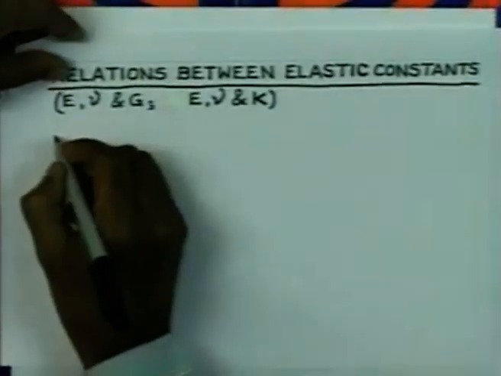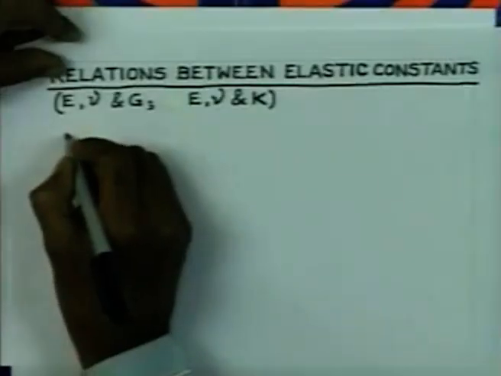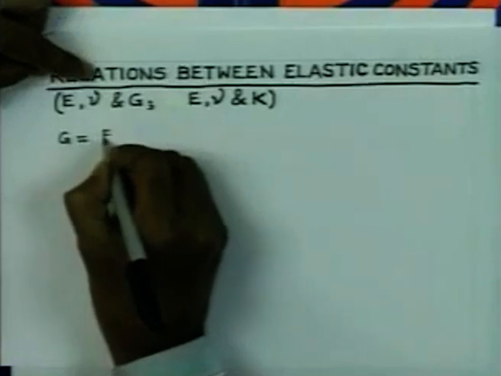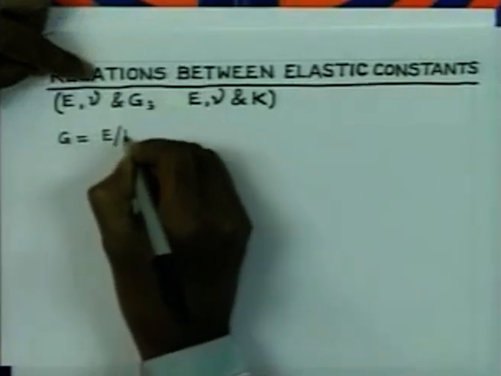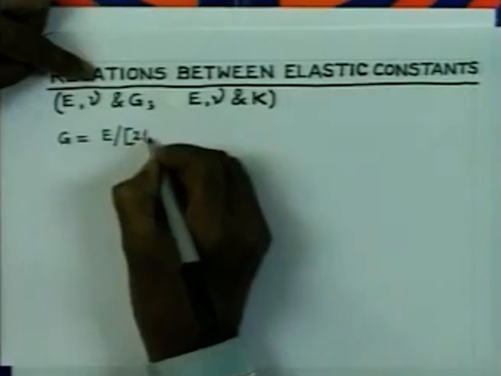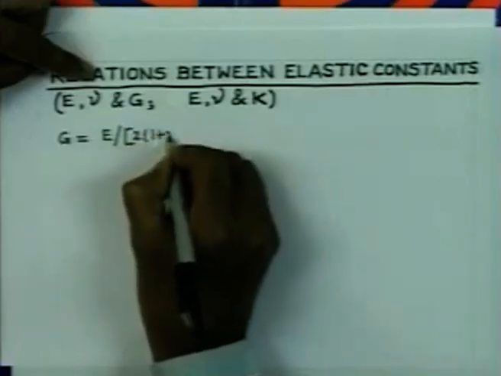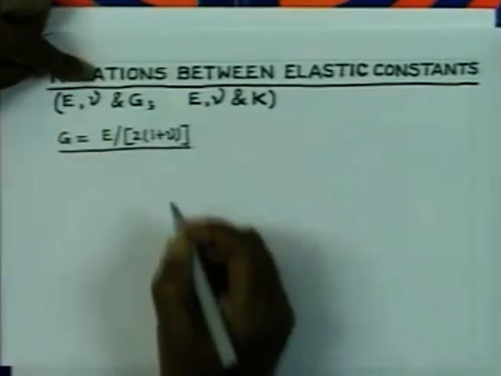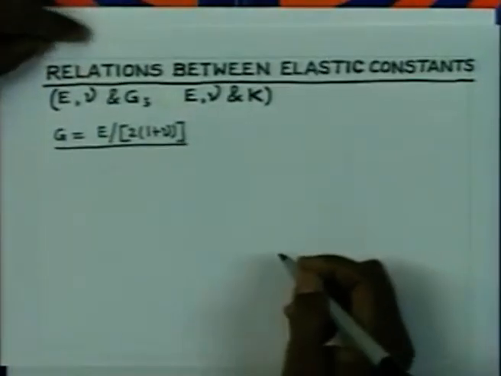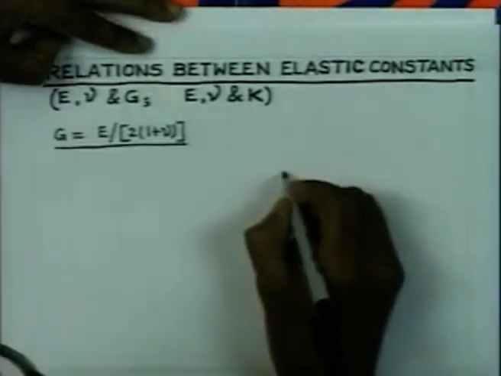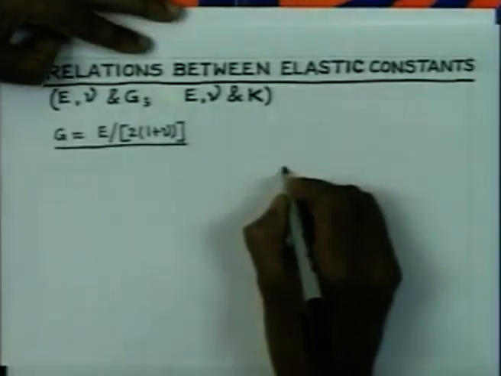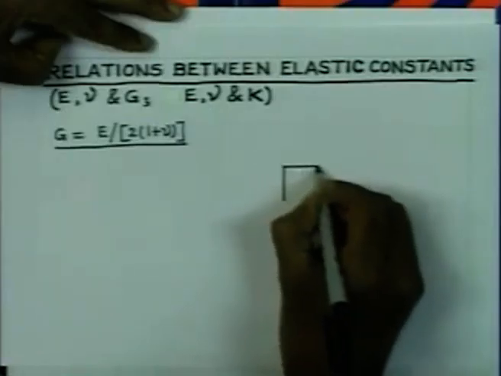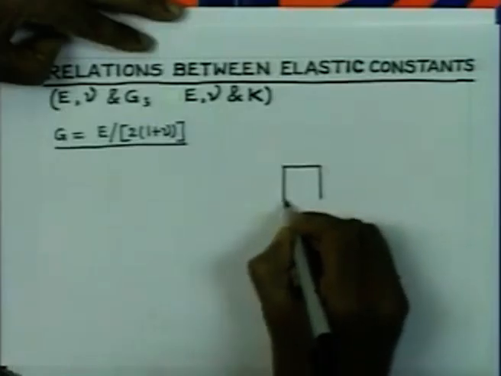So, first we will try to derive the relationship between G on one hand, E and nu on the other. This relationship is of this form, and we would like to derive it. To do this, let us consider a state of stress at a point in the material which is isotropic.